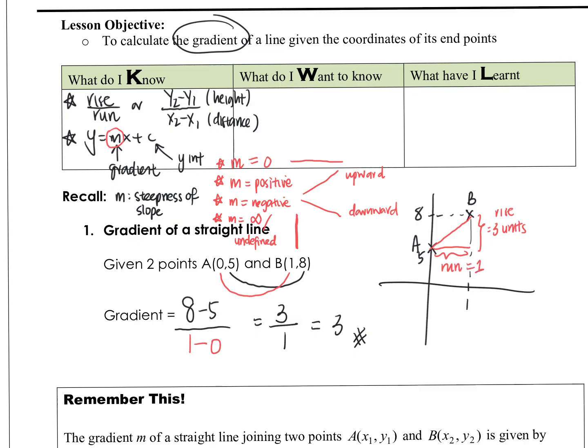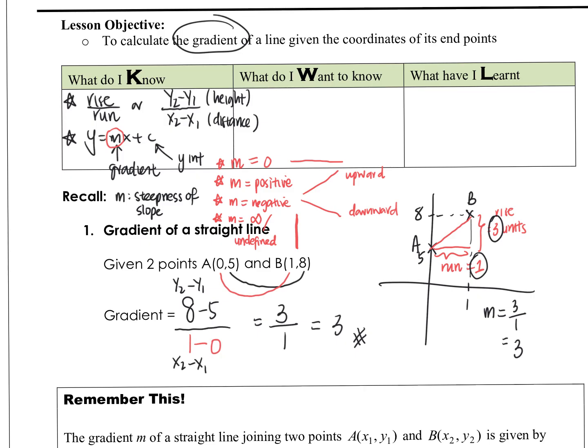So rise over run, same thing. Depending on how you were taught, if you were taught to use rise over run, then you need to draw out the 2 points and then you find the rise and the run. If you are using the formula y2 minus y1 over x2 minus x1, then you don't need to draw it out.